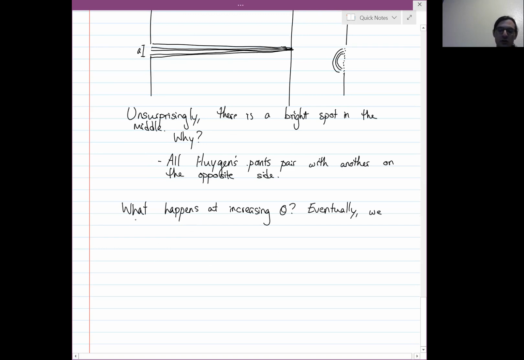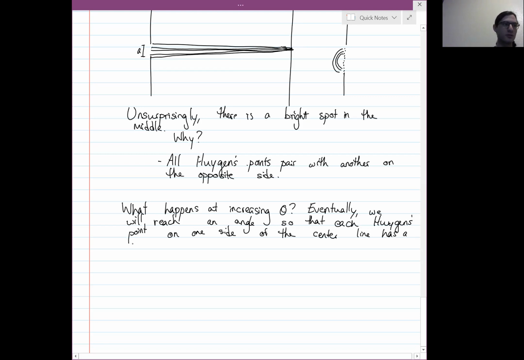we will reach an angle so that each Huygens point, I'm writing this out because it's important, on one side of the center line has a mate that has path length lambda over 2 longer.